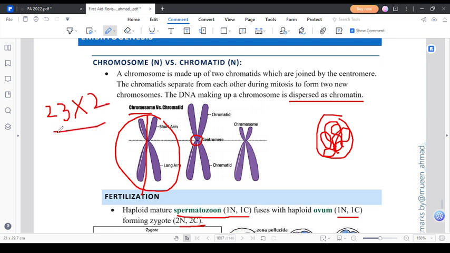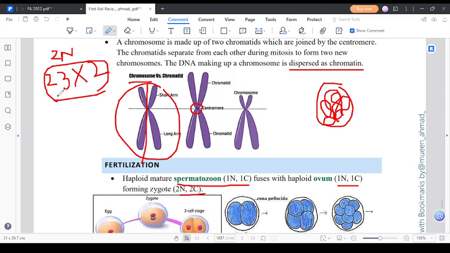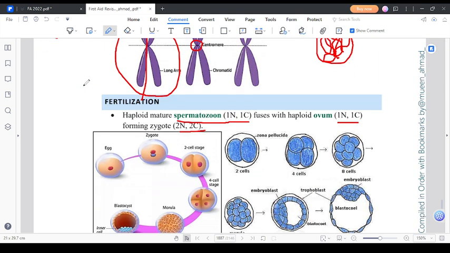We are diploid beings, and every cell of the human body is diploid. So this conformation is called 2N. N is the number of chromosomes, and we have two copies of that, so we call our cells 2N, right?